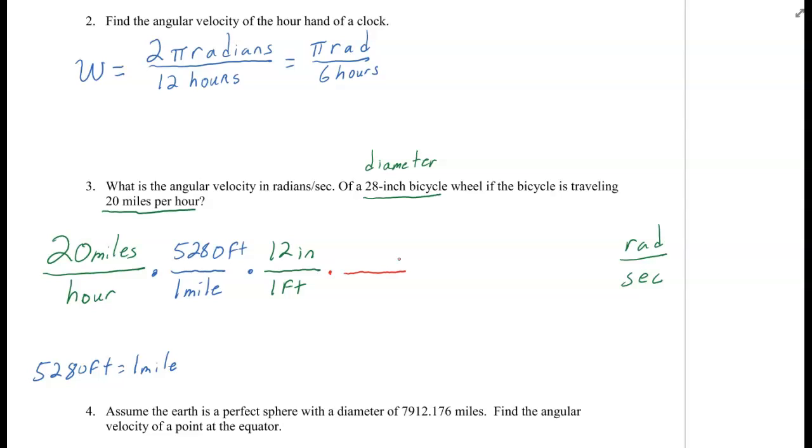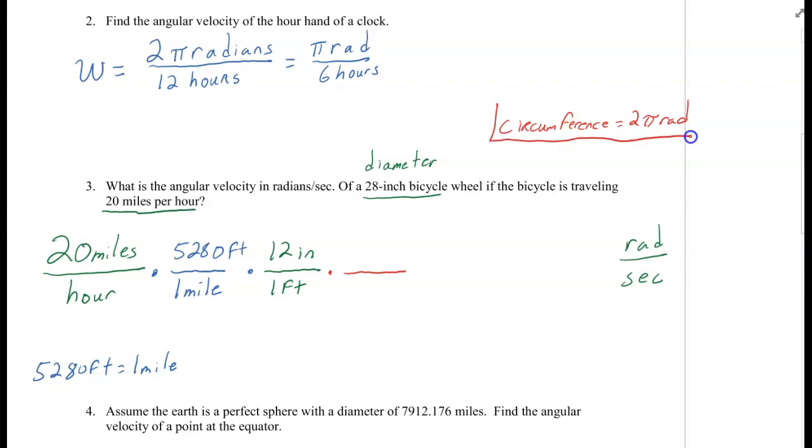We also know a full rotation is also called the circumference. So the circumference is equivalent to 2 pi radians. So the circumference, I'm going to write that down. The circumference is equal to 2 pi radians.